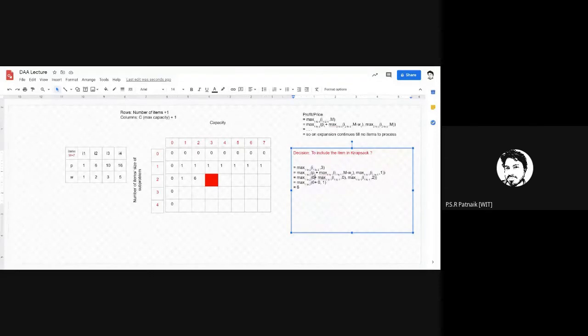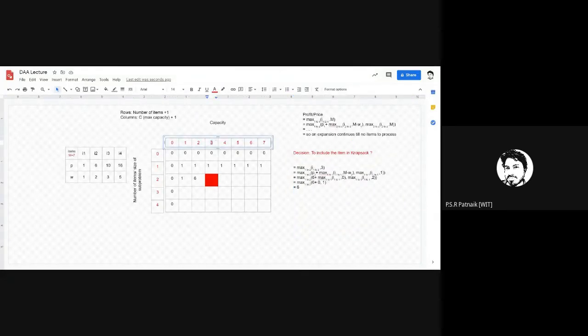Same, profit is 6. M minus W2 is this. Max of this is the same. So what is M minus W2 here? W2 is 2. 3 minus 2. So here it would be, okay, and max of 1 to 1 to 2.